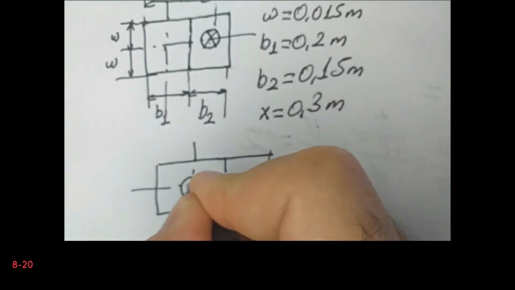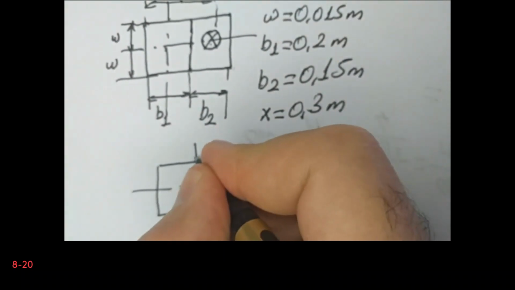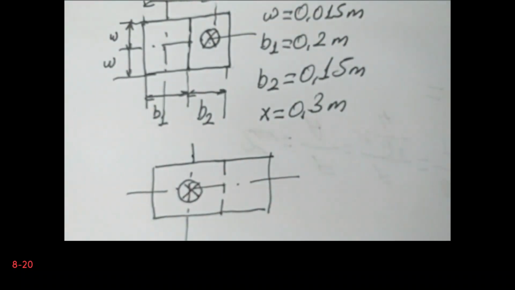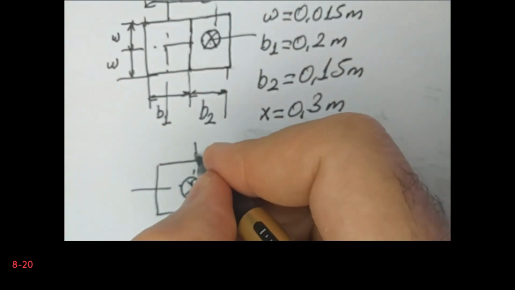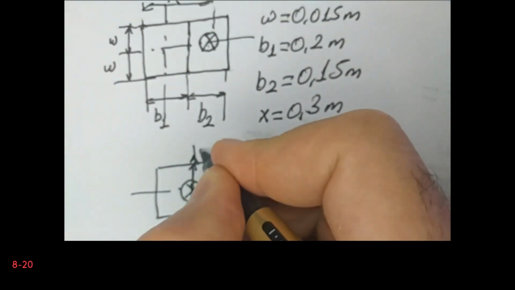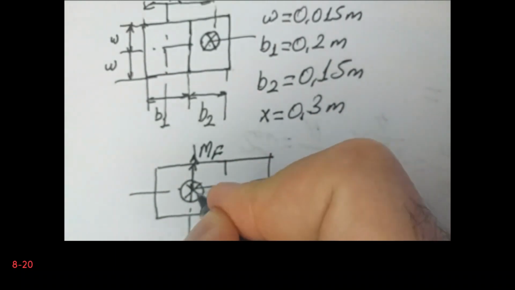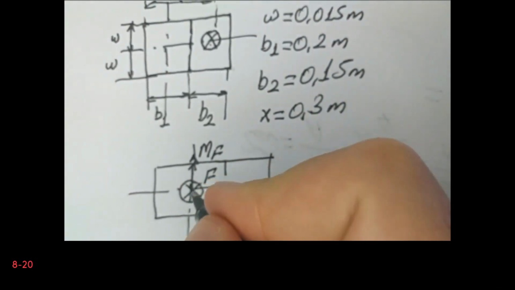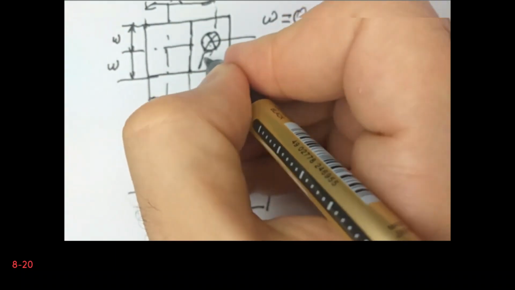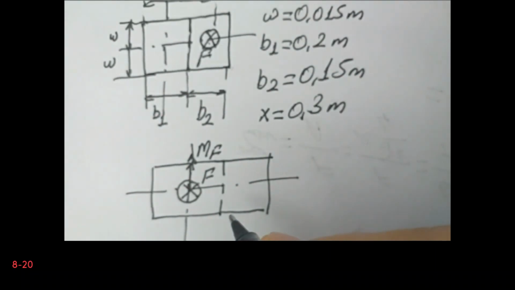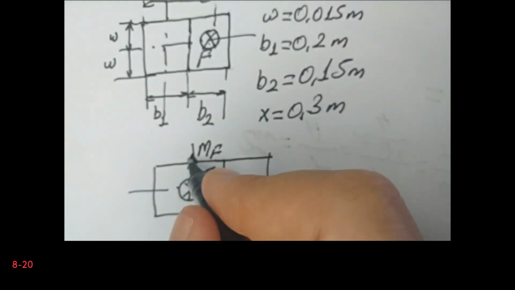Then we have a force, and because of the generated moment we have MF, and this is the force F. So the direction of the MF is here, like this.